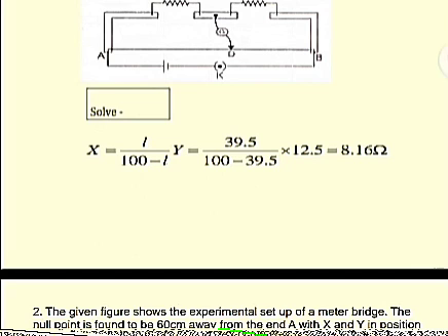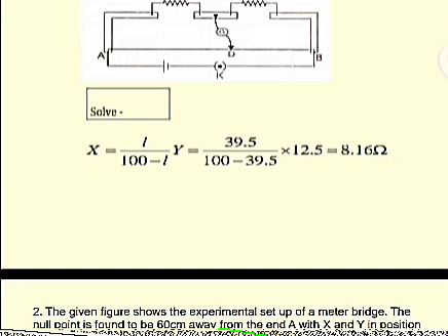When a resistance of 15 ohm is connected in series with Y, the null point is found to shift by 10 centimeter toward the end A of wire. Find the position of the null point if a resistance of 30 ohm were connected in parallel with Y.